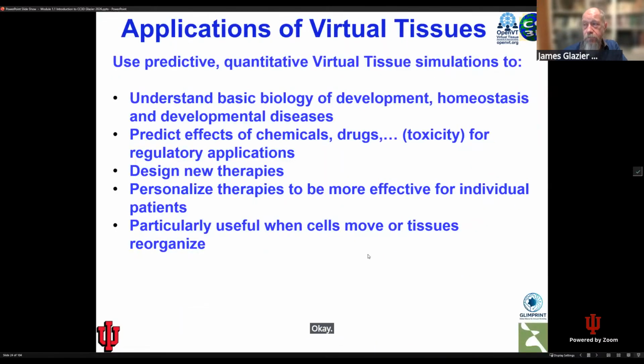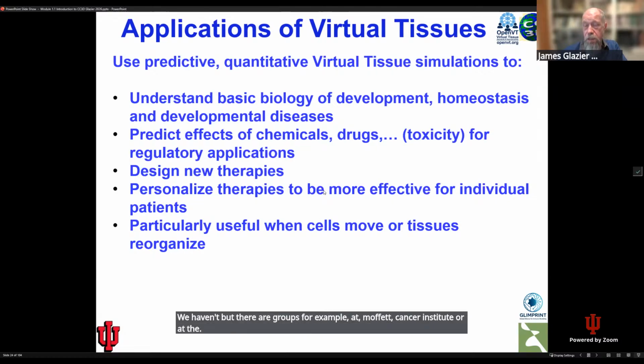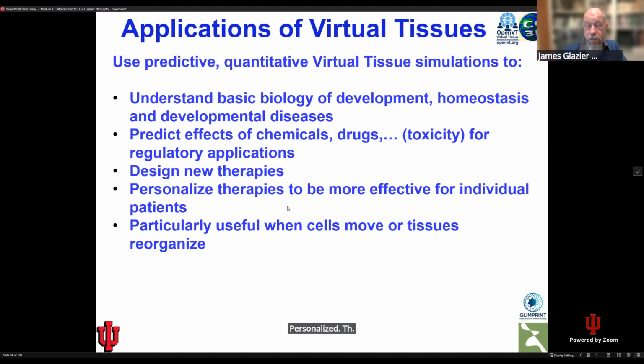These kinds of models have been used in basic biology for drug discovery, toxicological discovery, for therapy design. We haven't, but there are groups, for example, at Moffitt Cancer Institute or at the University of Texas that have developed personalized therapies using this kind of modeling.